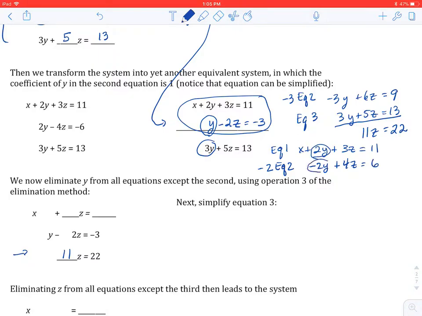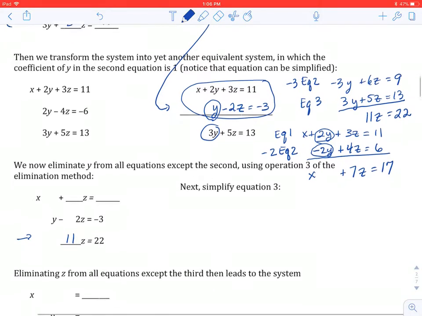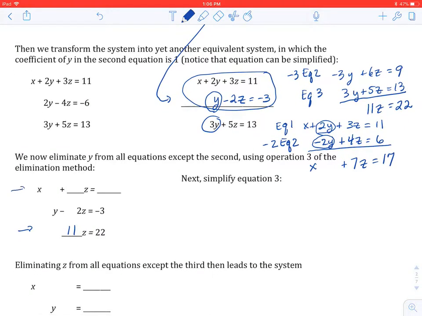Notice now the 2y and the negative 2y would drop out. And I'm going to draw a line here and add going down. The x will be here, the y's will drop out, plus 7z equals 17. So we're going to put that right over here in the first equation. x plus 7z equals 17.